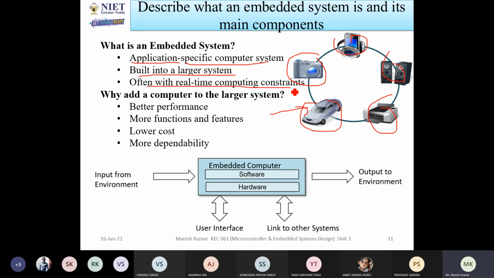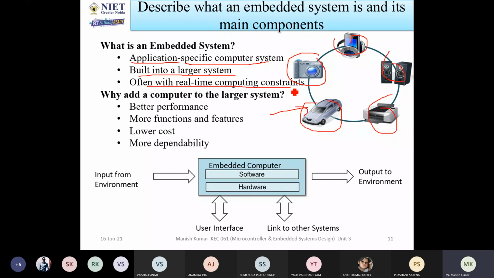Like airbags, anti-lock braking systems, there are so many things available. These work under real-time computing constraints. As soon as the car hits something, the airbag should open. This system is called an embedded system. So these are the functions of embedded systems.